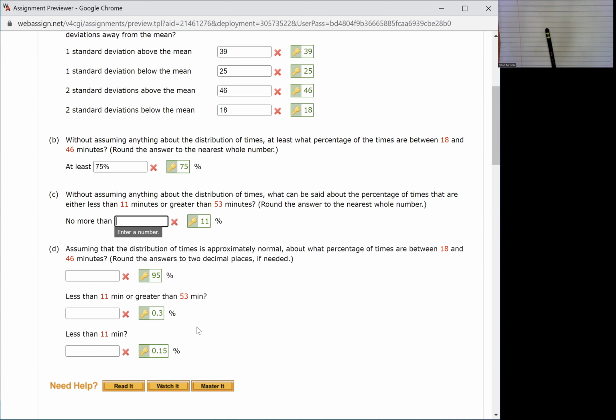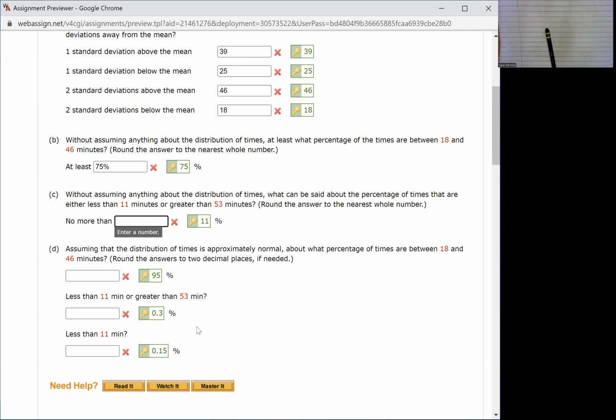And what we're going to do in this one is find the percentage of times that are less than 11 minutes or greater than 53 minutes. Now, that's outside the band between above and below the mean.